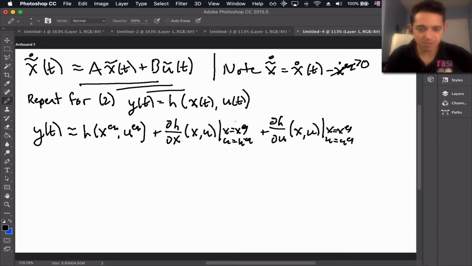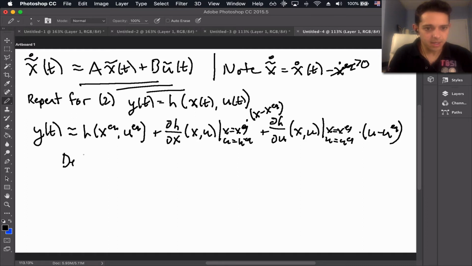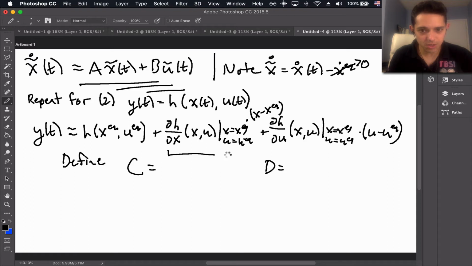Okay, and I'm actually missing something here. This should be times x minus xeq, and this is times u minus ueq. Now, similarly, we're going to define the C and D matrices, which are going to be these Jacobian terms. Okay.